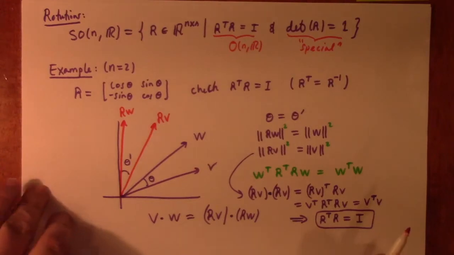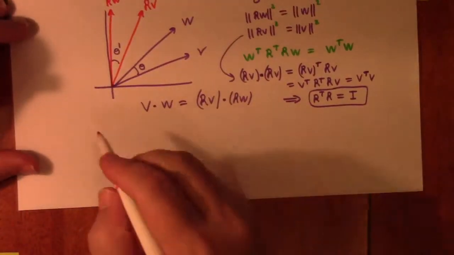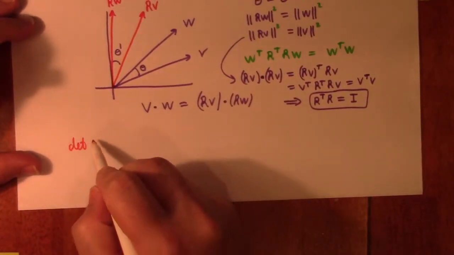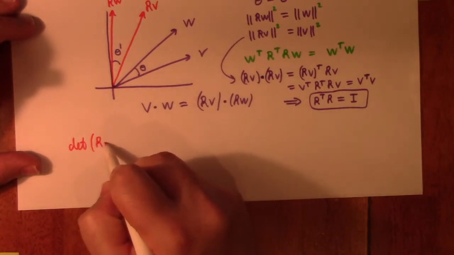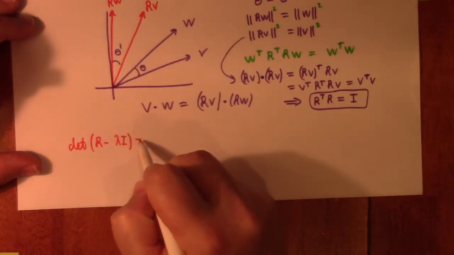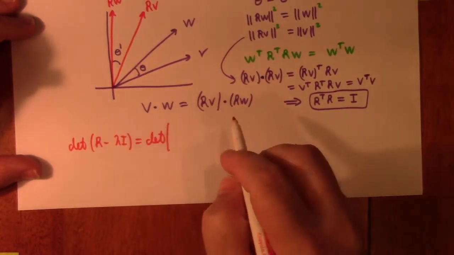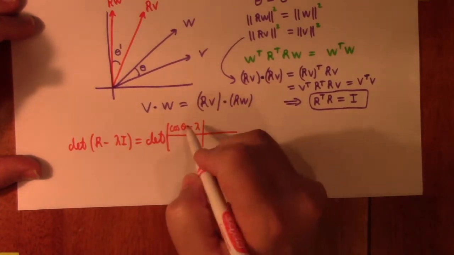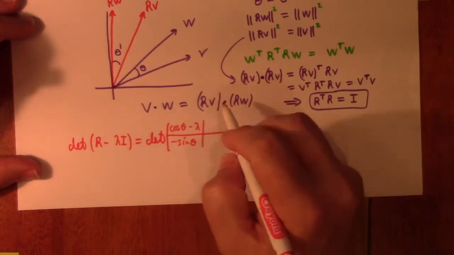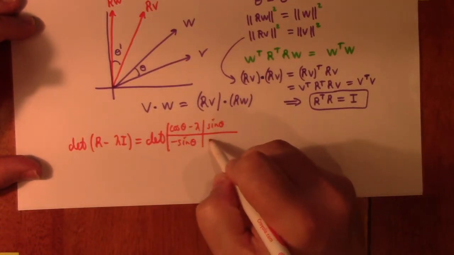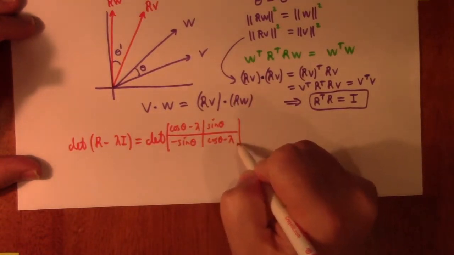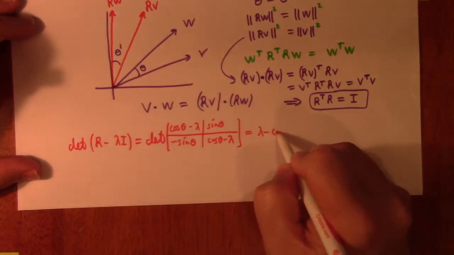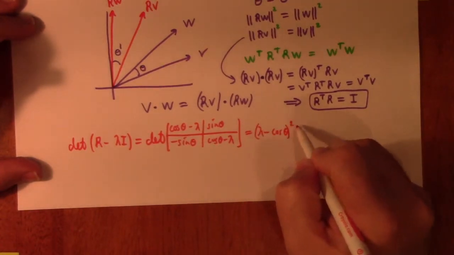When you calculate the characteristic equation here, let's just do that while we're at it. The determinant of R minus lambda I, what do you got? Well, you got the determinant of cosine theta minus lambda, minus sine theta, sine theta, cosine theta minus lambda. So that's lambda minus cosine theta, quantity squared, plus sine squared theta.